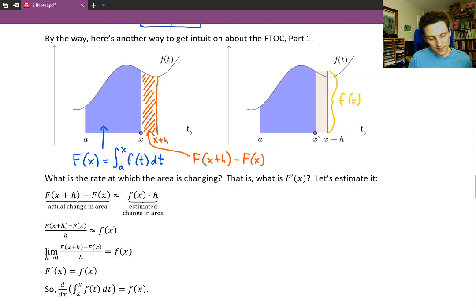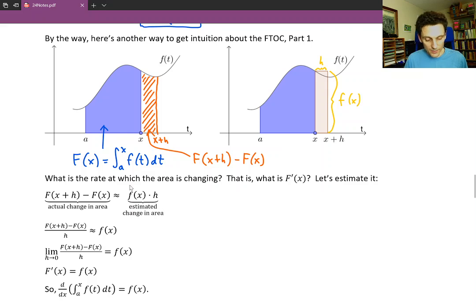There's x. If we plug x into the function, we get little f of x. And then the width of this rectangle would just be h. So the area of this rectangle would be f of x times h, little f of x times h.